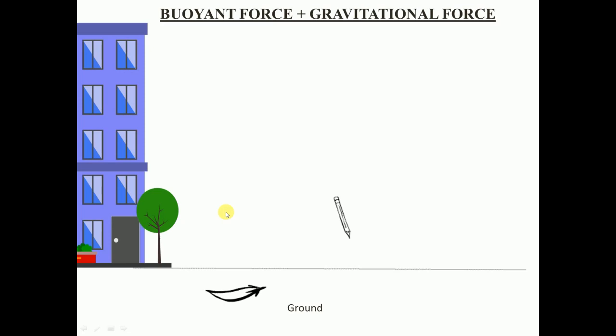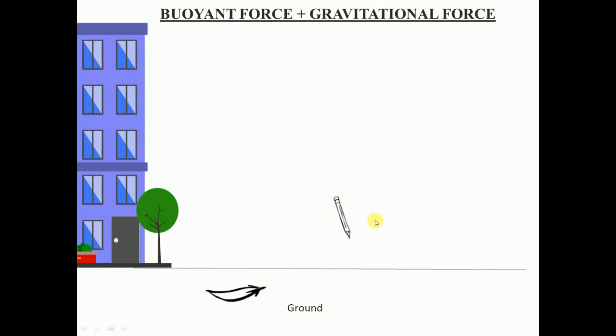Now the next object that you throw here is the pencil. The pencil is heavy as compared to the feather, so the pencil will come down to the earth fast as compared to the feather. Why? Because the weight of the pencil is heavier as compared to the feather.